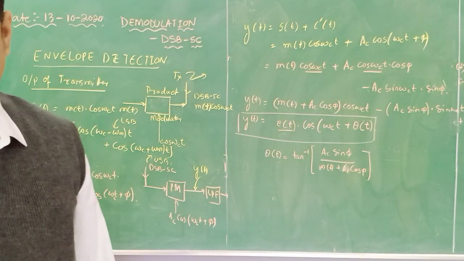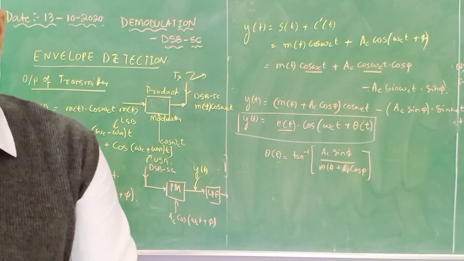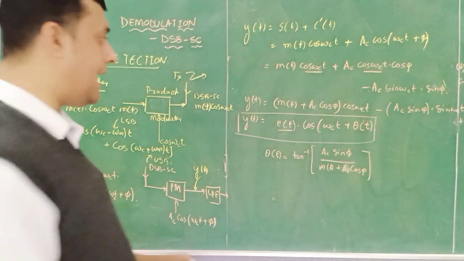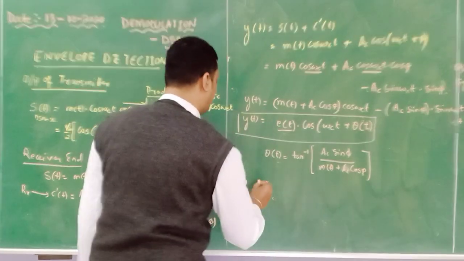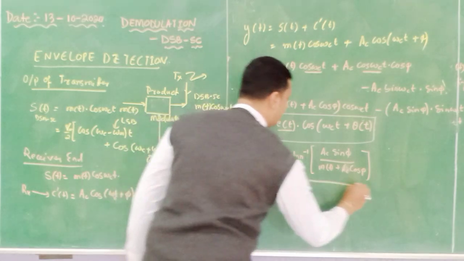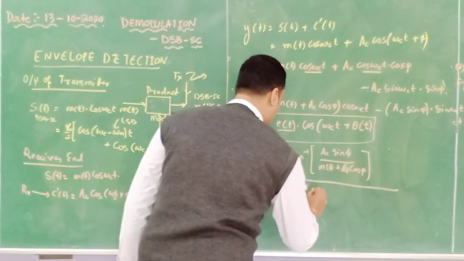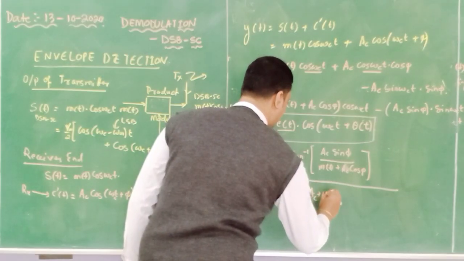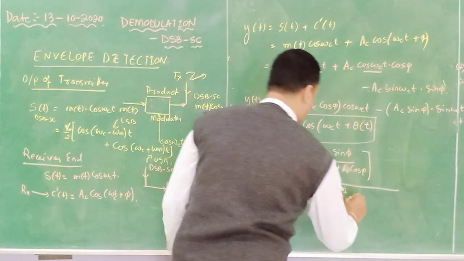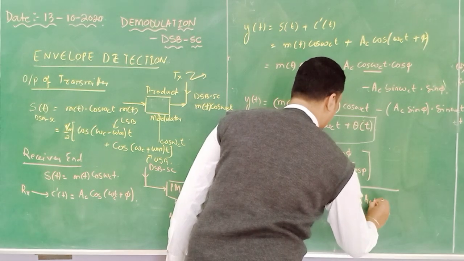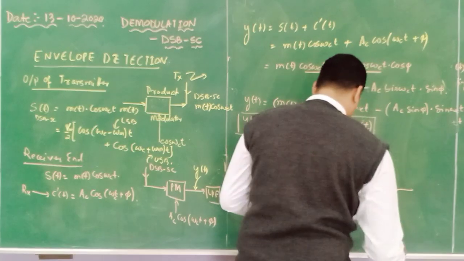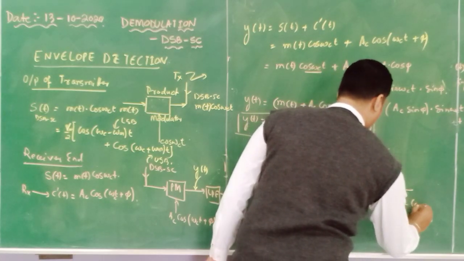So E of t, as I have written E and theta, theta of t is the angle available in this component. So E of t is equal to root over of (AC plus m of t) whole square, minus 2 AC m of t into (1 minus cos phi).